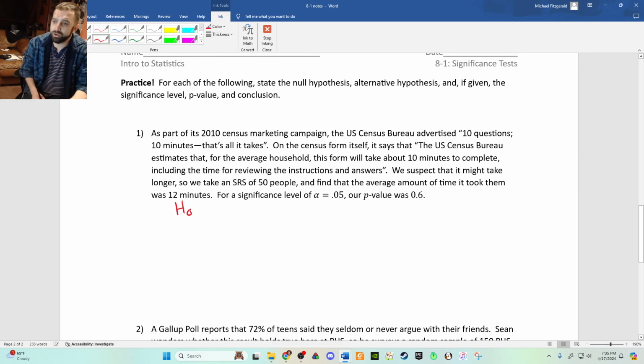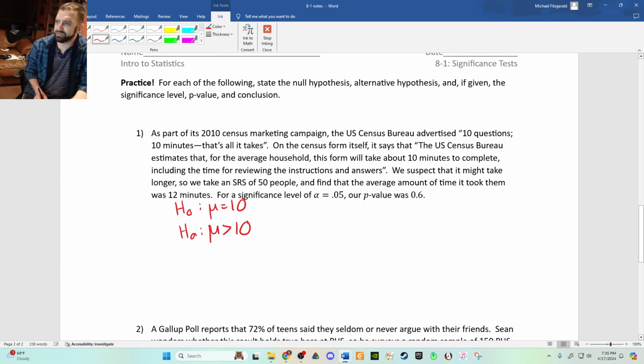We're not doing a proportion, we're doing a mean. So I'd say mu is equal to 10 minutes. For the alternative, people think the true mean time taken to do the census is more than 10 minutes. They took a sample of 50 people and found that the average time it took them was 12 minutes.